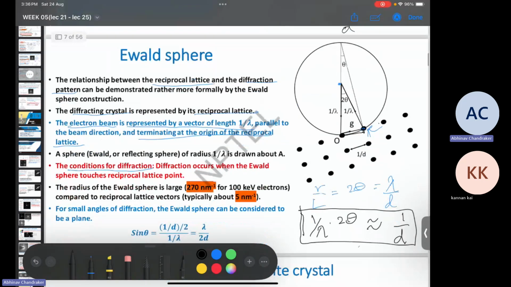We now know that if we have a reciprocal lattice for a crystal and we have this sphere, then diffraction will only occur if the sphere touches the reciprocal lattice points.